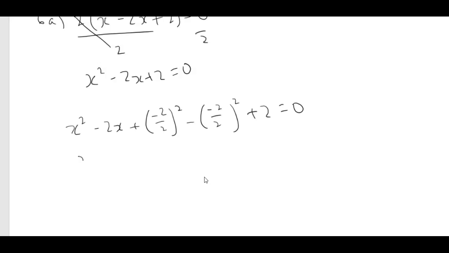So when we factorize the first 3 terms, we're going to have x and whatever is in this bracket. So negative 2 on 2 is negative 1 squared. Negative 1 squared is 1. So minus 1 plus 2 equals 0. And then we've got x minus 1 squared. Minus 1 plus 2 gives you plus 1.